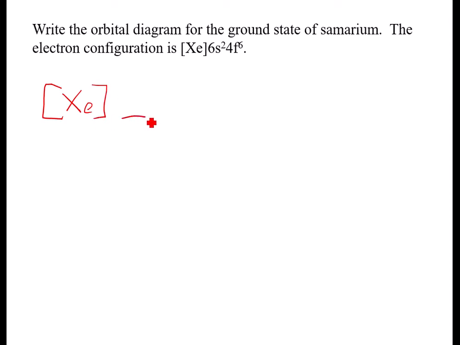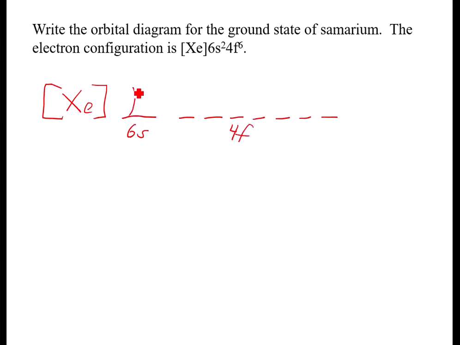1. So I draw 1 dash and put the 6s underneath it. F orbitals, there are 7 of them. So 1, 2, 3, 4, 5, 6, 7. Alright, so I have 2 electrons in the S. Oops, I need to label this as being 4f. Okay.